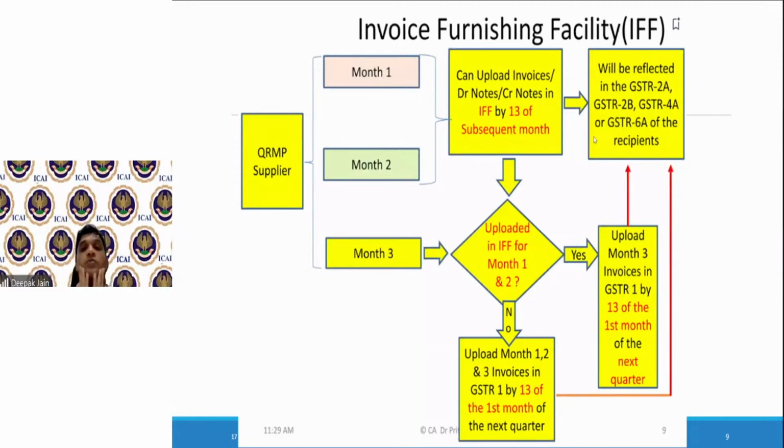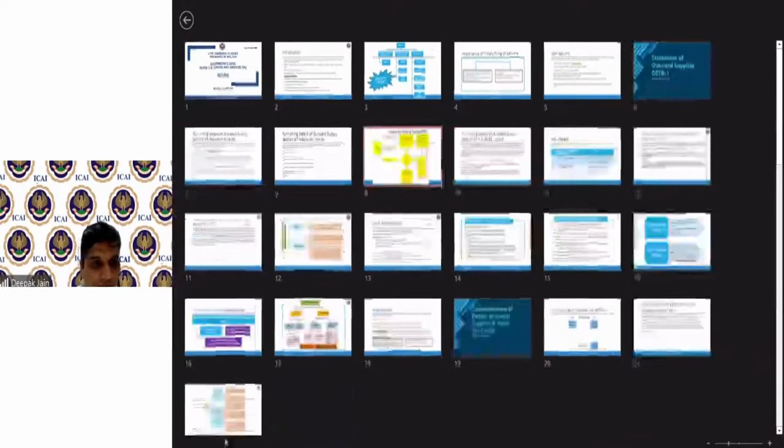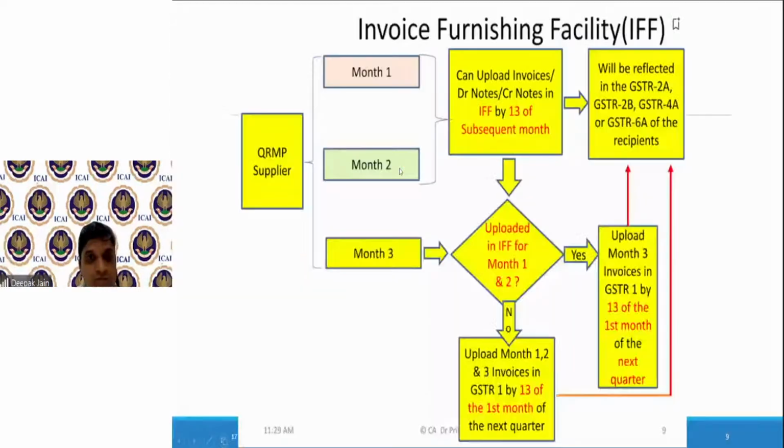You file these B2B supplies in this IFF by the 13th. So you are filing GSTR1 on a quarterly basis, fine. For the first month and second month, you make the payment of taxes, because it is quarterly return, monthly payment.